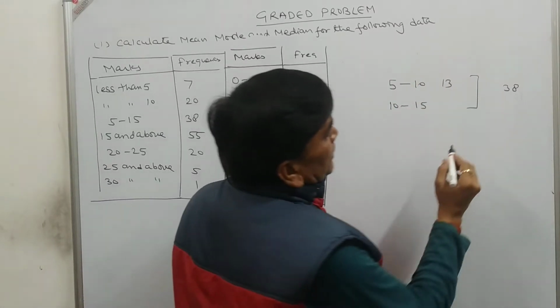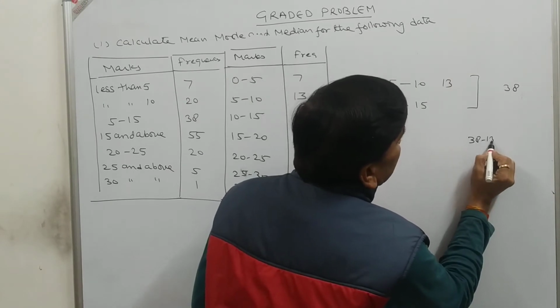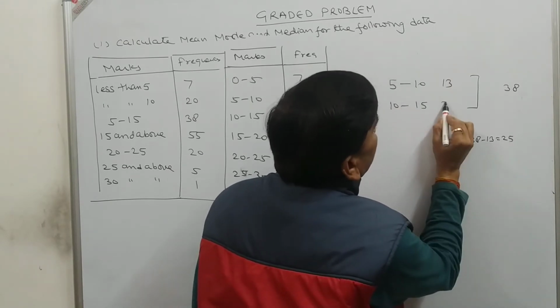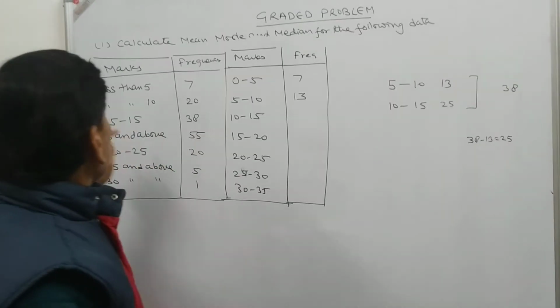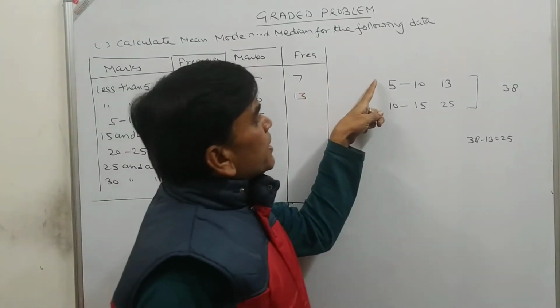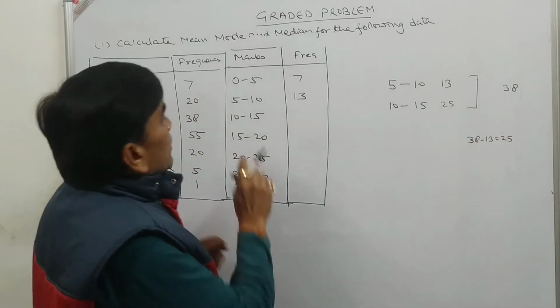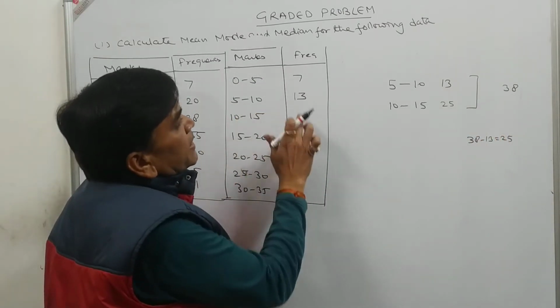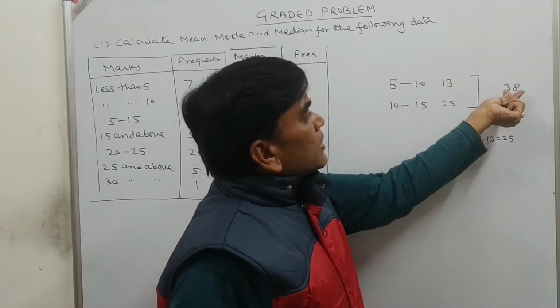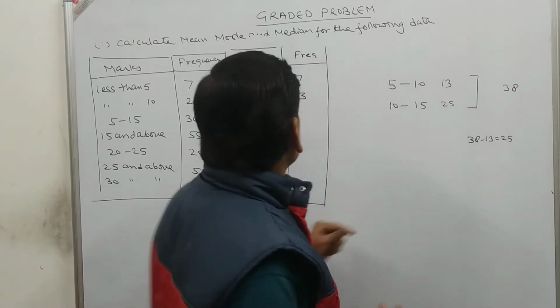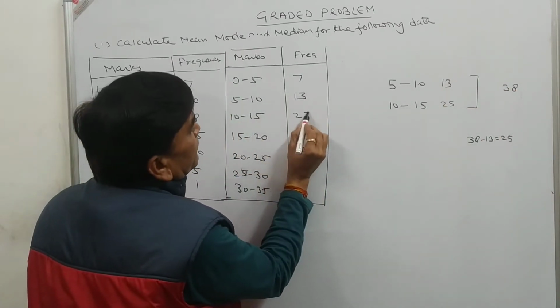So 38 minus 13, that will be 25. Again, 5 to 15 means total 5 to 15 is given as 38, and we know 5 to 10 is 13, so 38 minus 13, that frequency will be 25.